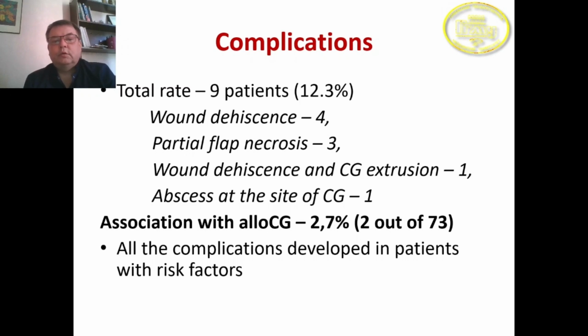It was wound dehiscence and next cartilage graft extrusion, and one more case of abscess formation at the site of the cartilage area. So the total rate of complications associated with allogeneic cartilage graft was near 3%.